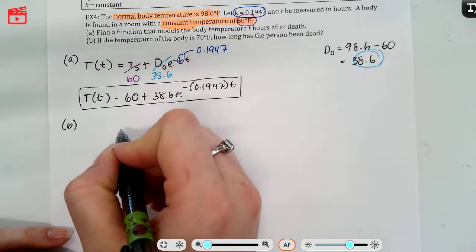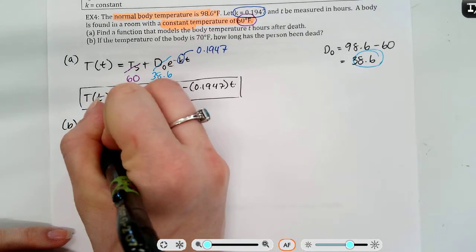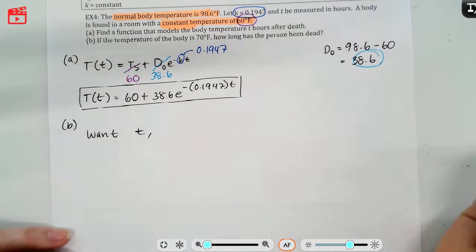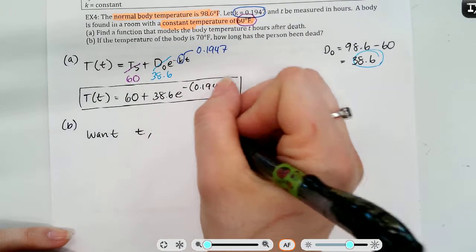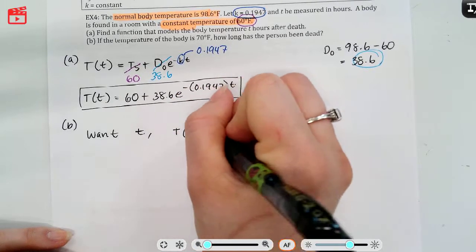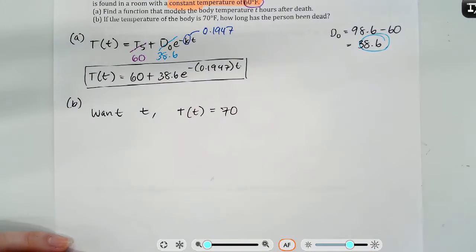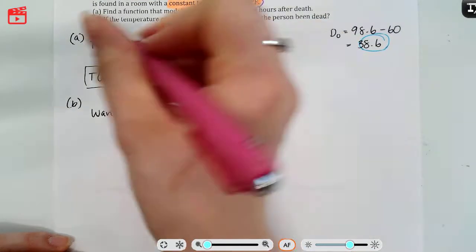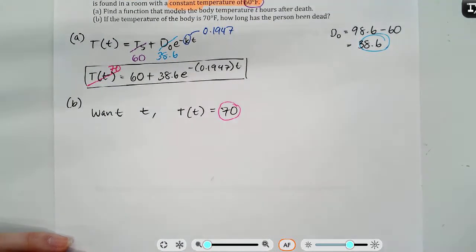All right, let's see. So we want to find the time, so when the person died, when the temperature T of t is 70 degrees. All right, so what we're going to do is use our function, replace T of t with 70, and solve for t.